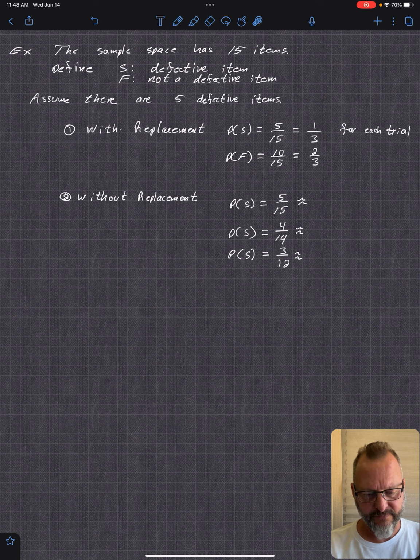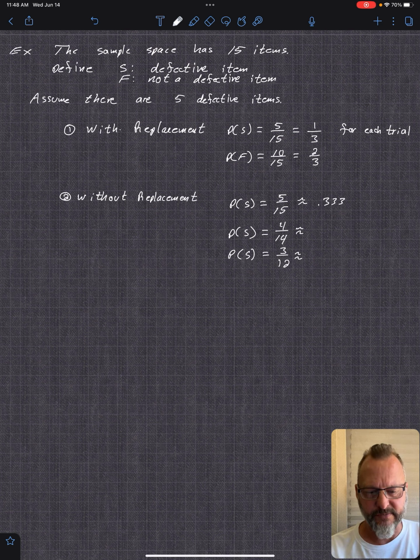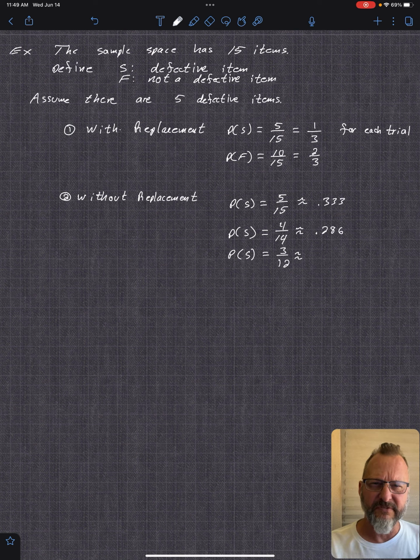I already did that one. So that's 0.3 repeating. Let's do 3 decimals. And then 4 over 14 is 0.286. Definitely smaller, right?